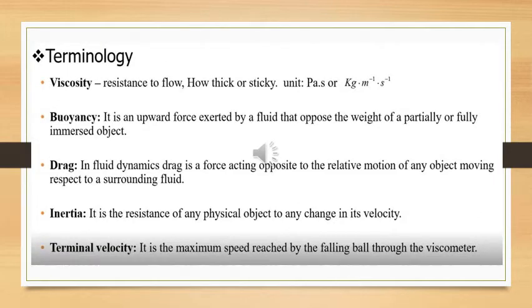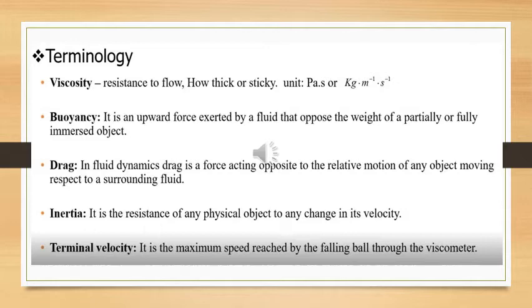Viscosity is the resistance to flow. It defines the thickness or how sticky the fluid or the substance is. The unit for viscosity is Pascal second or kilogram per meter second. Buoyancy is an upward force exerted by a fluid that opposes the weight of a partially or fully immersed object.